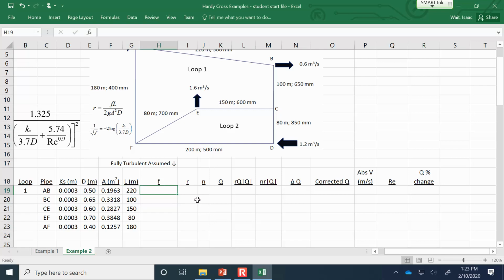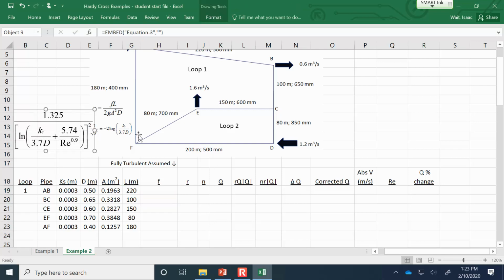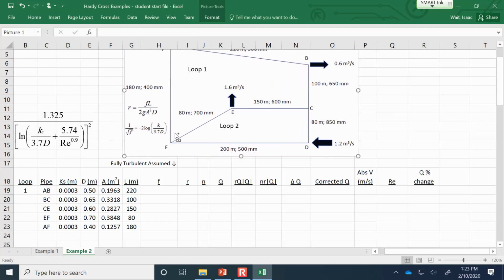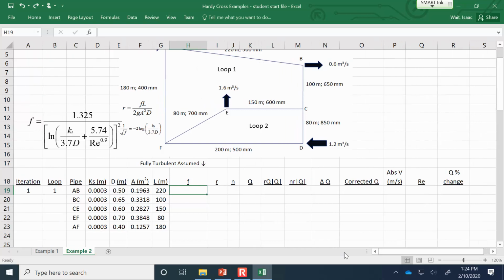But here in the F column, we're going to estimate the F value assuming, at first, fully turbulent flow. It's better than just a random guess for the F value. Remember, the fully turbulent flow assumption is that if the Reynolds number is really big, then the Jain equation just simplifies to 1.325 divided by the logarithm of K sub S divided by 3.7D, and then all of that squared. So that's what I'm going to do here.